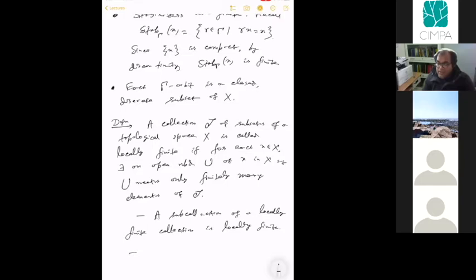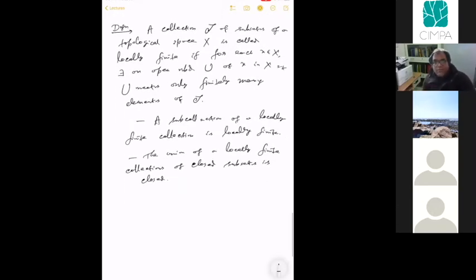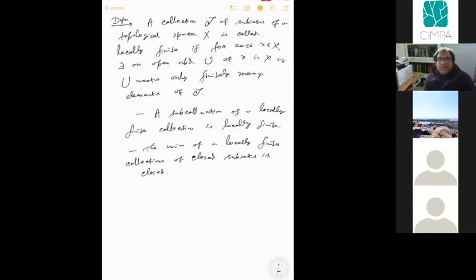And the union of a locally finite collection of closed subsets is closed. This is essentially general topology, and that is what I have just defined here. Now I will try to prove the proposition.